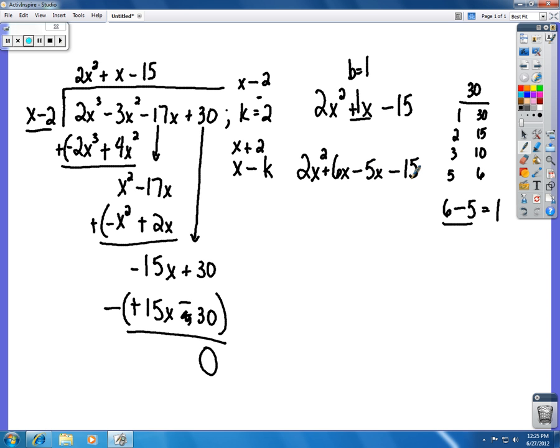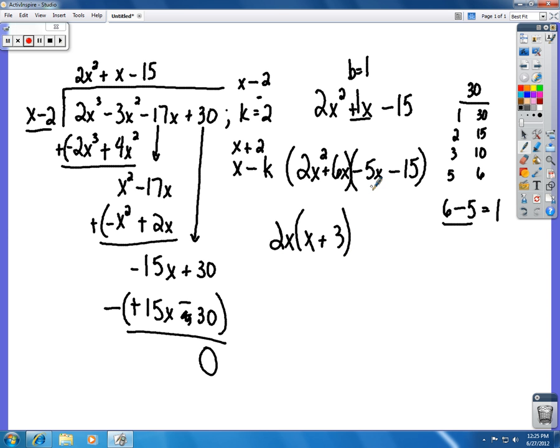And now I can factor by grouping. So I'm going to look for what I can pull out of my first two terms here. And I can pull out a 2x. So what would be left behind is x plus 3, because 2x times x gives us 2x squared, and 2x times 3 gives me 6x.